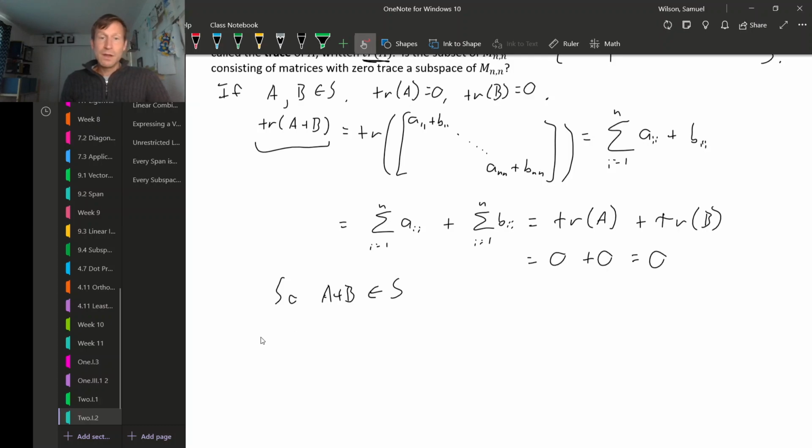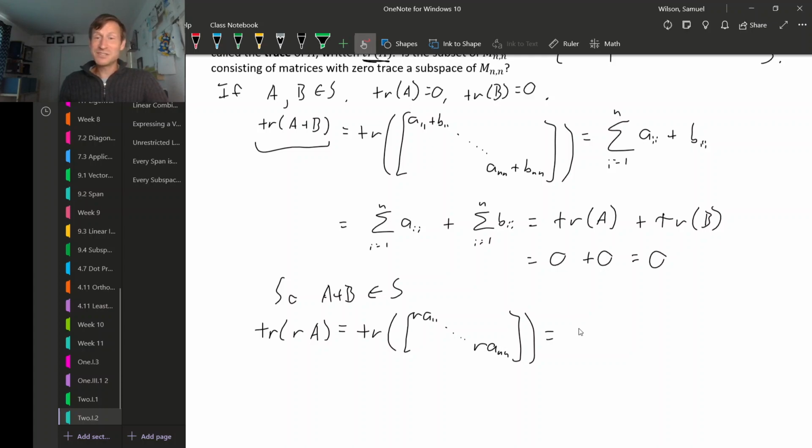All right. Also, we need to check what about a real scalar times A. So what is the trace of r times A? Well, what is r times A? It's r times the a_11 entry, and so on, down to r times the a_nn entry, and a bunch of off-diagonal entries, but again, we only care about the diagonal ones since we're about to compute the trace of this matrix.